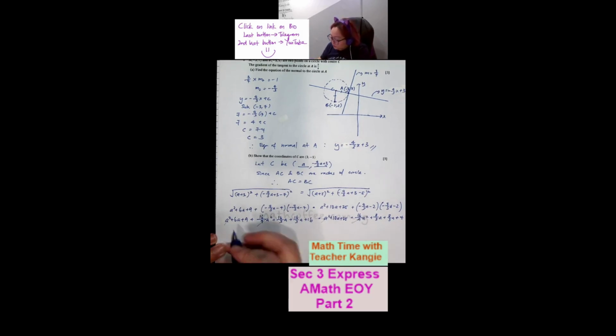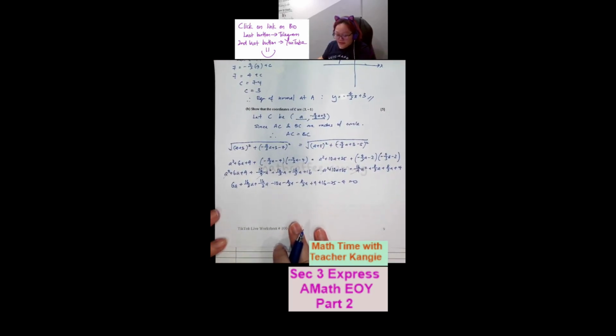So let's simplify. We have 6A plus 16 over 3A plus 16 over 3A minus 10A minus 8 over 3A and minus 8 over 3A.